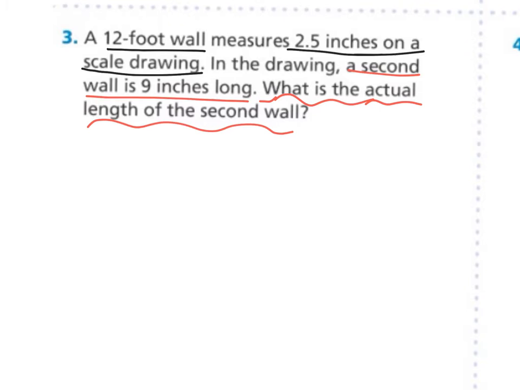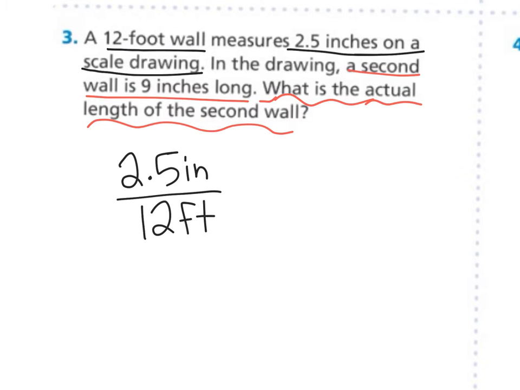One way of doing this problem, the quicker route, would be to do a proportion. If you haven't done any proportions because you always had nice scales, this is why I've been talking about them, because things don't always work out perfectly if they don't give you like 1 inch equals something, or 1 centimeter equals something.